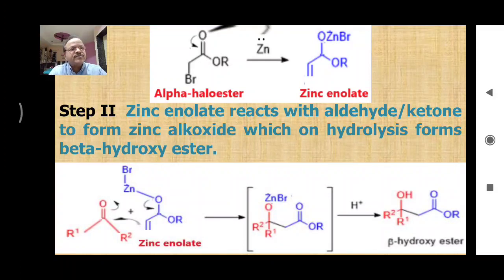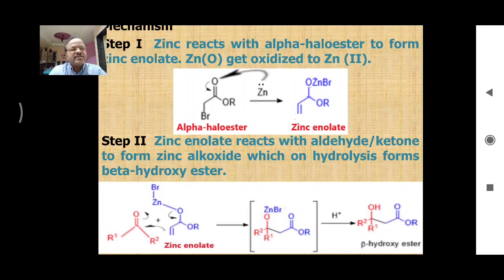In hydrolysis, the addition of H2 occurs across this OZn bond, and we get this beta hydroxy ester. So this is the mechanism of the Reformatsky reaction, which occurs in 2 steps.